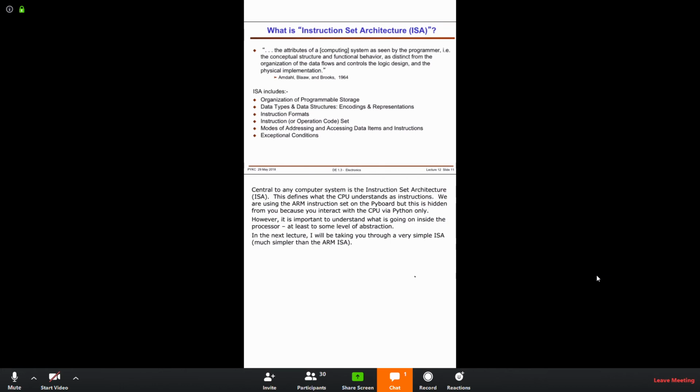That is the data transfer group. An example is MOV A, B. What does it mean? The contents of register B are moved to register A, the accumulator. That's why it is the data transfer group.